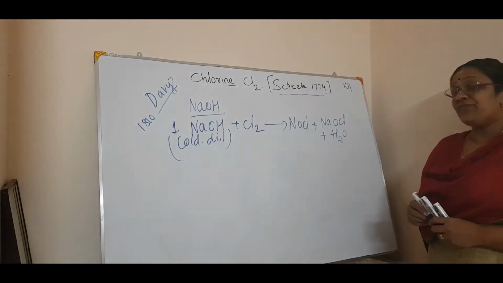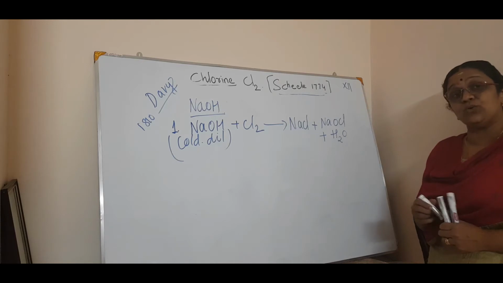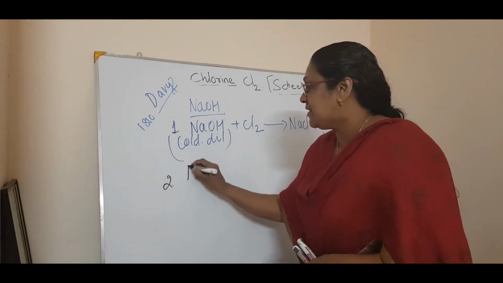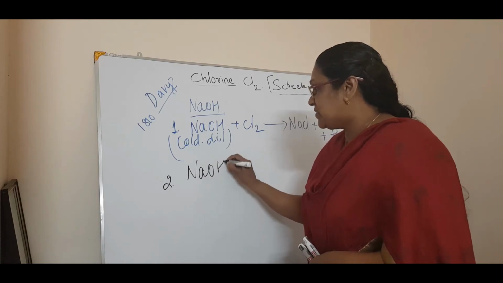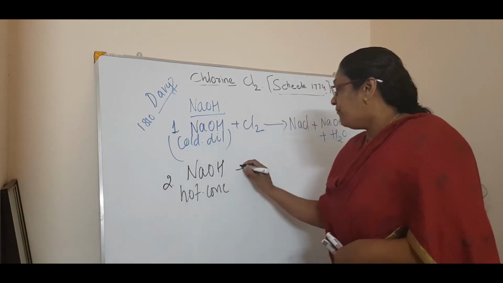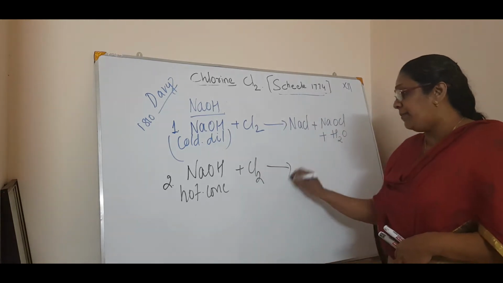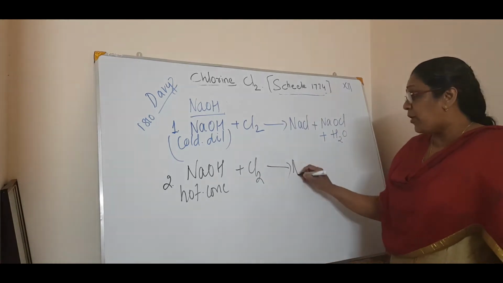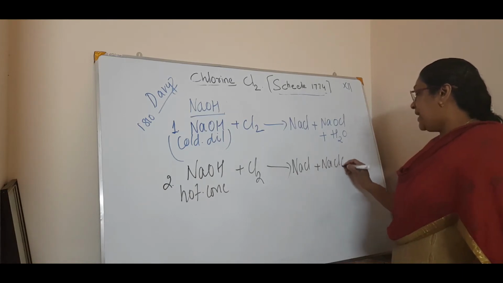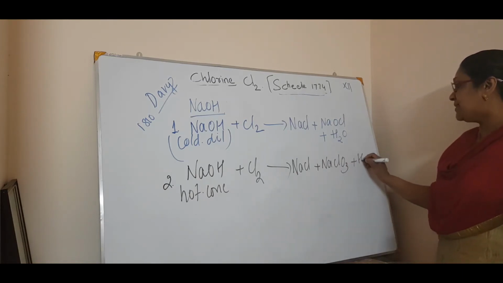Correct? Now, if the same alkali is used hot and concentrated, the second reaction is when NaOH is hot and concentrated. When it reacts with chlorine, you will get the same NaCl plus NaClO3 plus water.